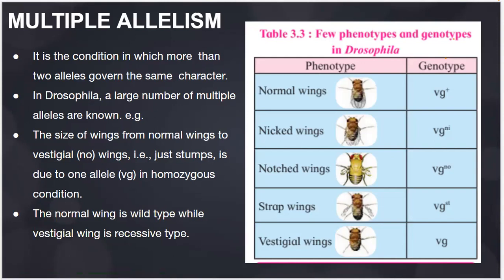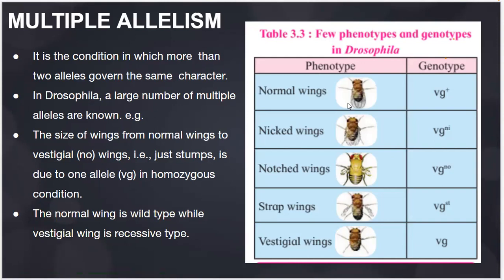There will be some patterns in between. Then strap wings, vg-st. No wings, vg. So you can see different forms of the vg gene: vg plus, vg-ni, vg-no, vg-st, then nothing on the vg.